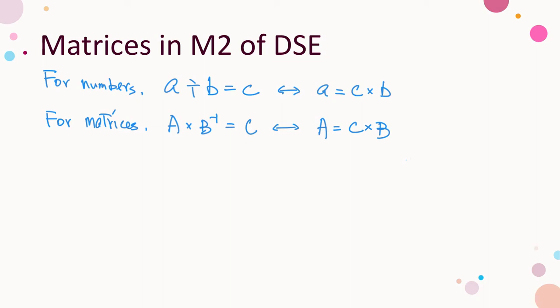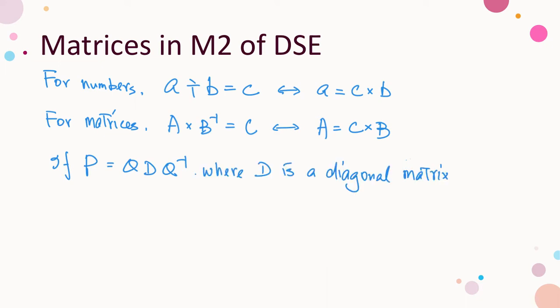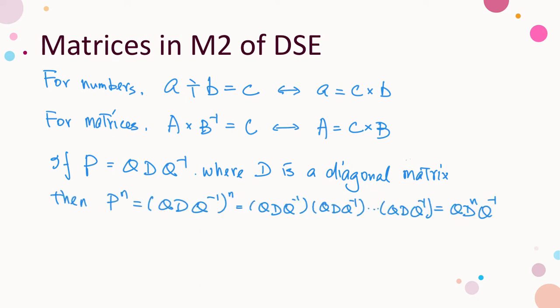Fortunately, if we can decompose the matrix into the form of QDQ inverse, where D is a diagonal matrix, then the nth power of P can be obtained relatively easy by. Here, the power of diagonal matrix can be easily done by taking the power of entries in the diagonal. The working can be done by multiplying 3 matrices only.